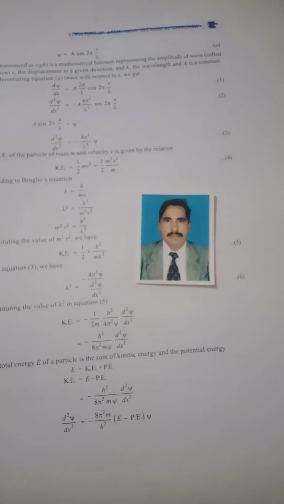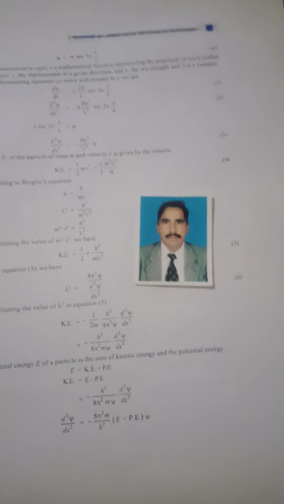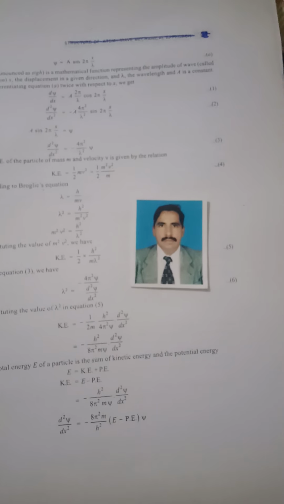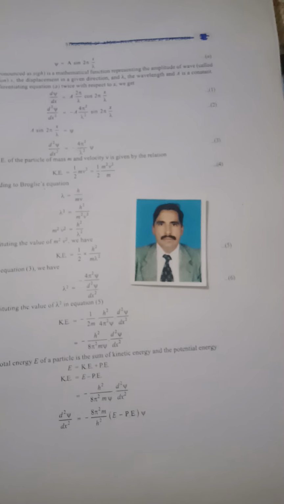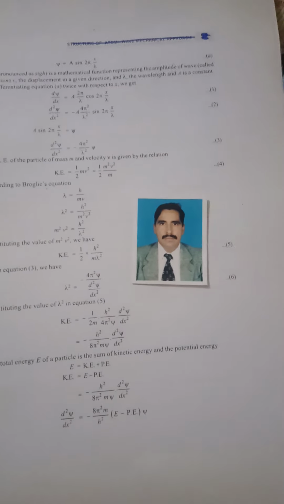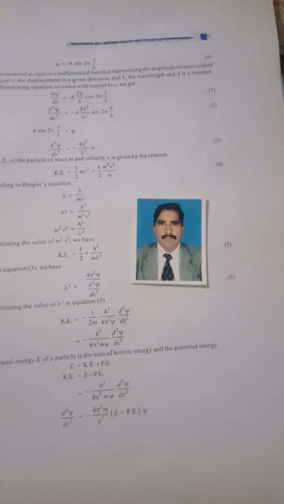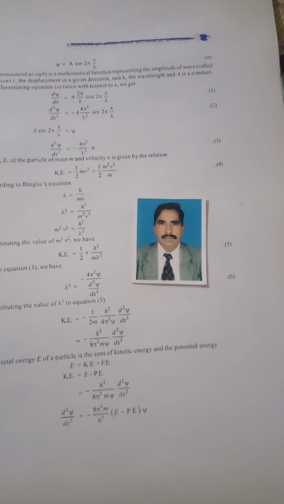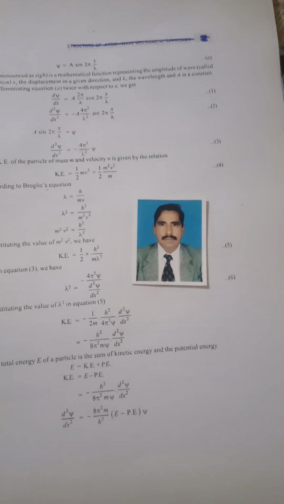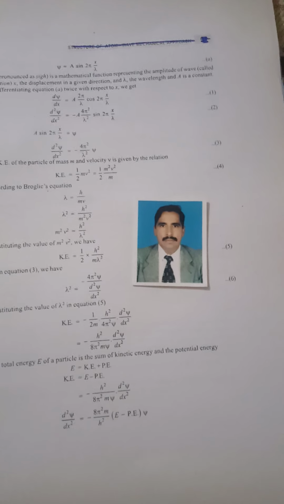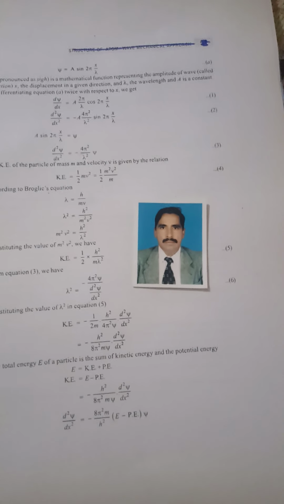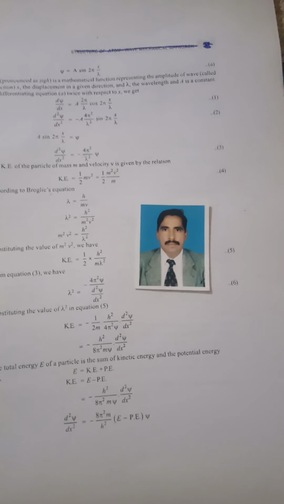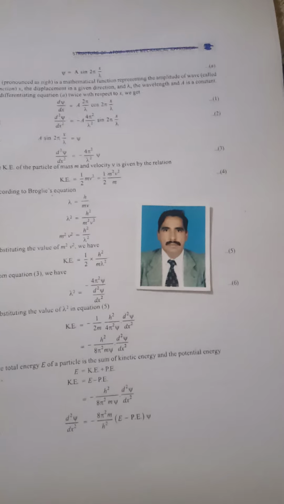Similarly, we rearrange this equation by placing the values of total energy and potential energy. D square psi over dx square is equal to minus 8 pi square m over h square, parenthesis start, total energy E minus potential energy, parenthesis closed, multiplied by psi.